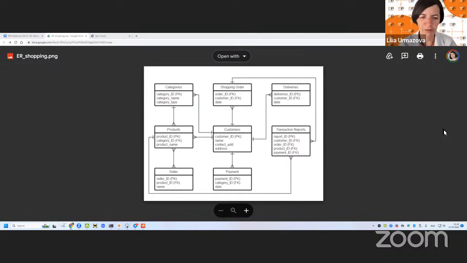Yes, I got it. My question is, what situations could we have between order and delivery? Let's think together about what relationship should be here.